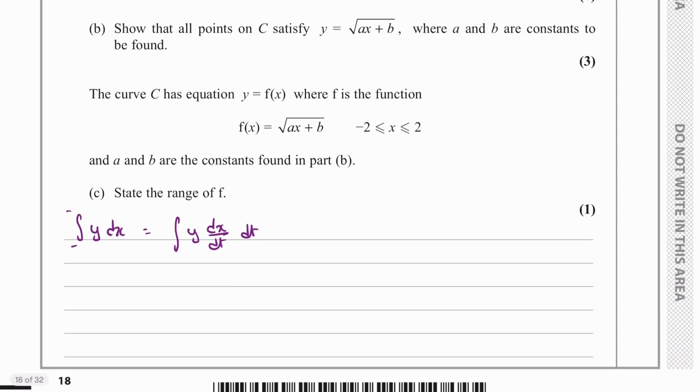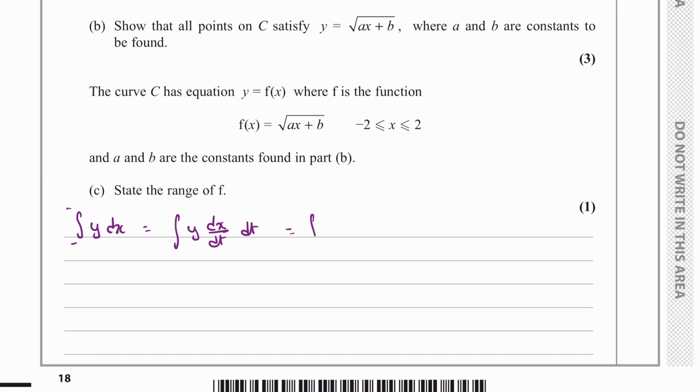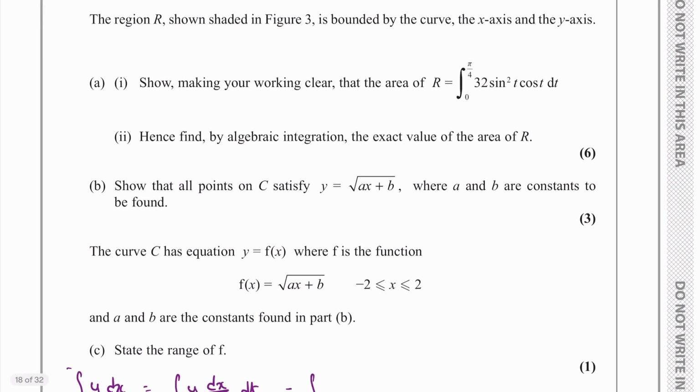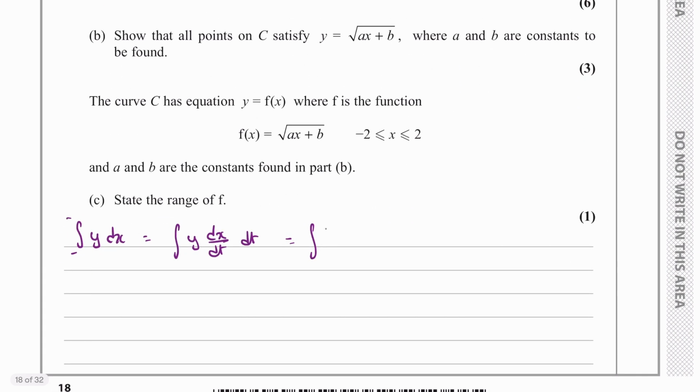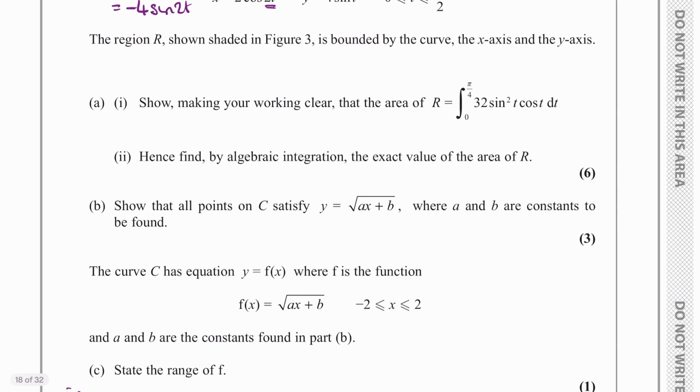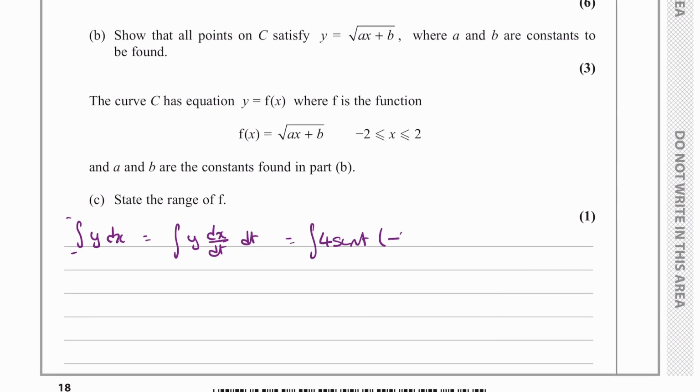So our integral becomes the integral of y, which is 4 sine t, multiplied by dx by dt, negative 4 sine 2t, integrated with respect to t.